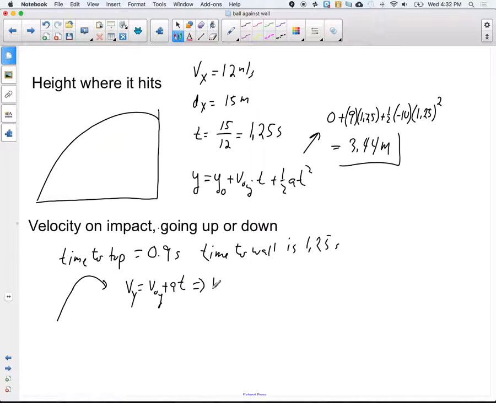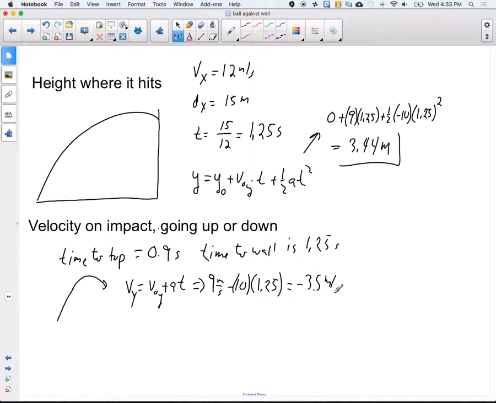That's going to look like 9 meters per second minus 10 times 1.25. If I do that out, I get minus 3.5 meters per second, so it's clearly going down.